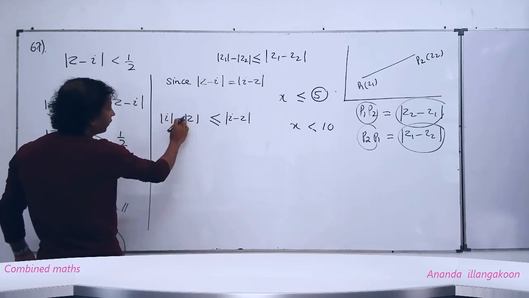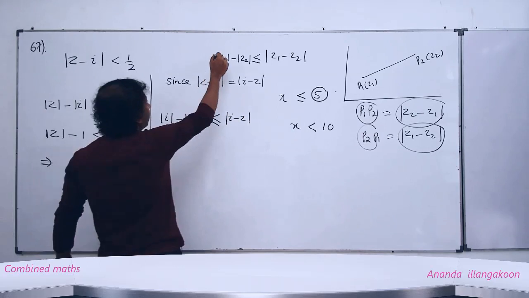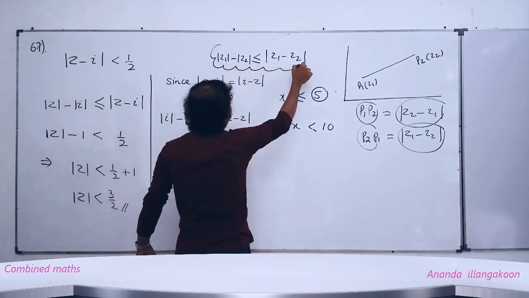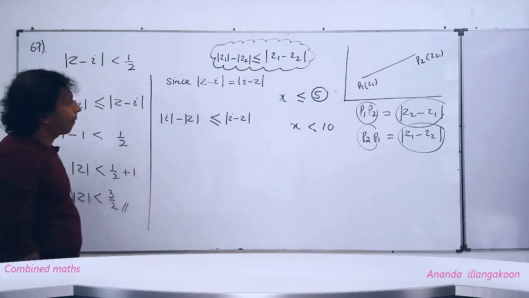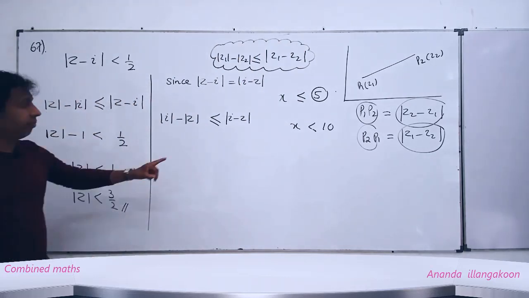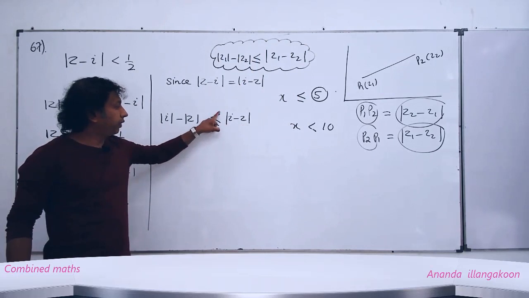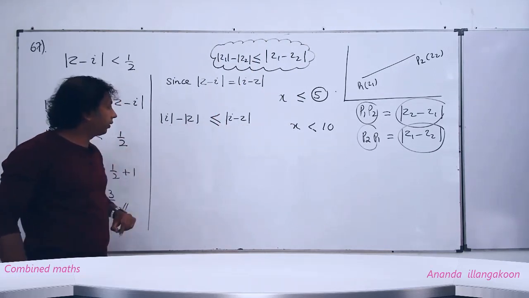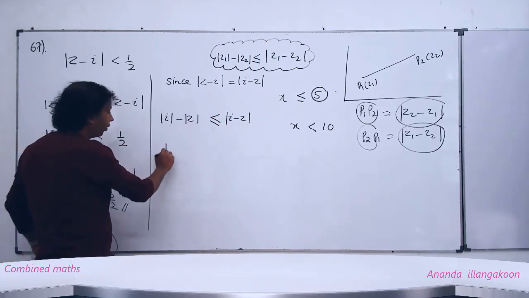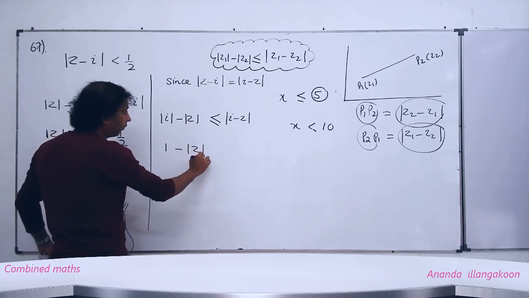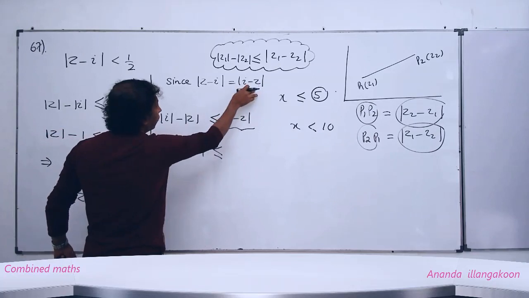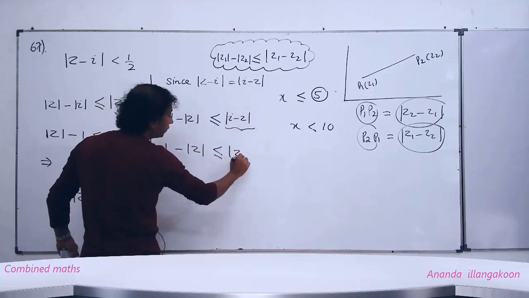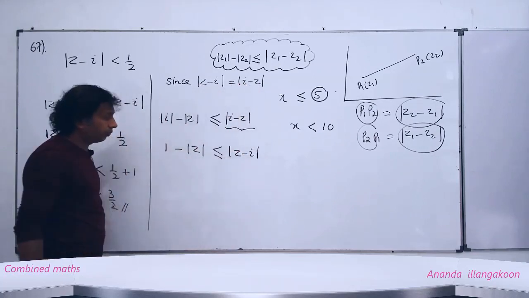This way I can write using this result. |i minus z| greater than or equal to this, I can write like that. Then this is 1 minus |z|. For this one, I can write |i minus z| is equal to |z minus i|, like this.